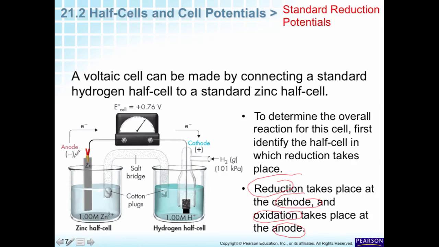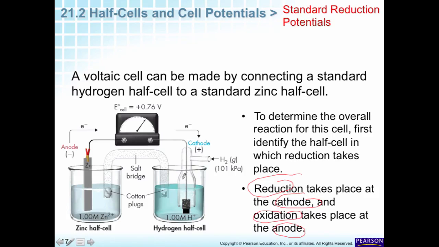They have them labeled for us, so reduction must be occurring here, and oxidation occurs here at the anode. So what's happening is we're producing more and more hydrogen over here, and the zinc is wearing away. And of course we have migration of ions across to keep the solutions neutral.